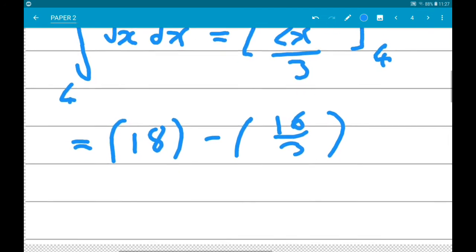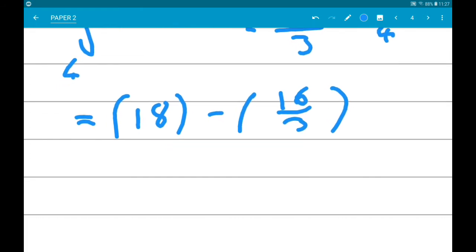So, we have 54 thirds minus 16 thirds. So that is 38 thirds.